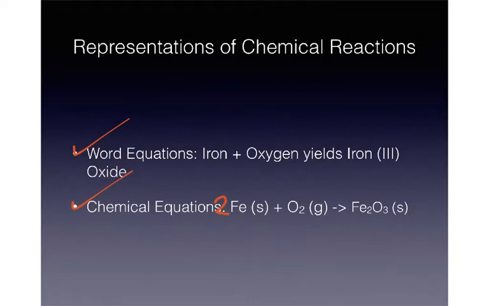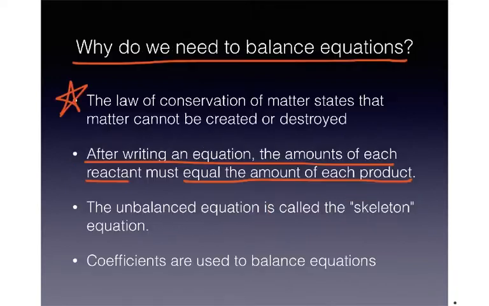So in order to get them equal, we're going to put a 3 here and a 2 here. This has 6 oxygens now and this has 6 oxygens now. But then we just have to modify the iron again, and then we have to put 4 since there are 4 irons here. I am not explaining it well, but this is what a balanced equation for this would look like. So that's why after writing an equation, the amounts of each reactant must equal the amount of each product.